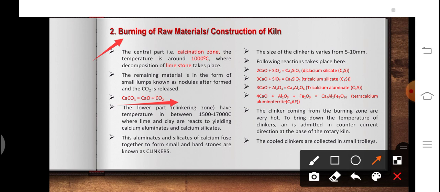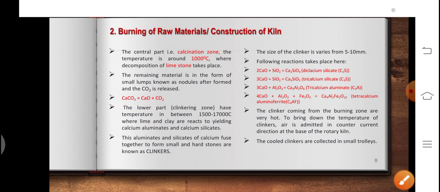Now the remaining materials in the form of small lumps known as nodules are formed. Now this material is moved to the lower part of the kiln. Here the temperature is 1500 to 1700 degrees Celsius. So here lime and clay react and form different types of calcium aluminates and calcium silicates.